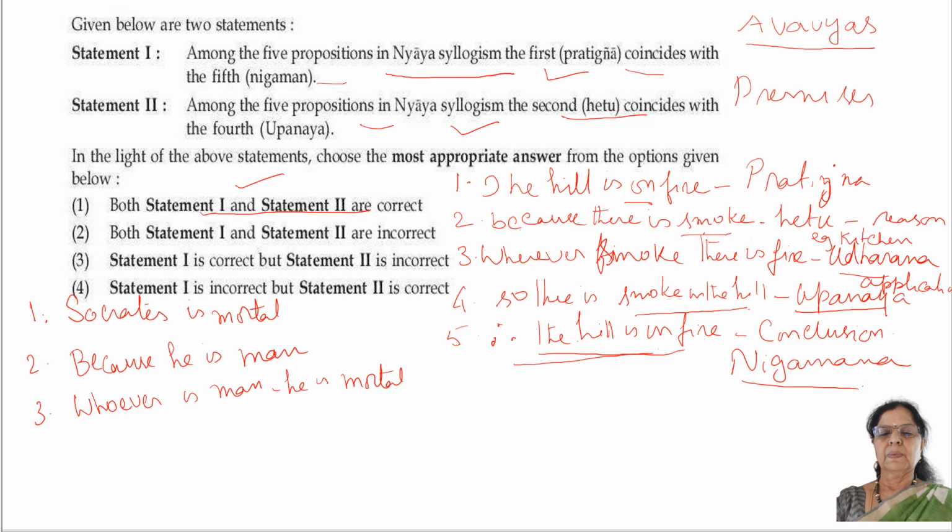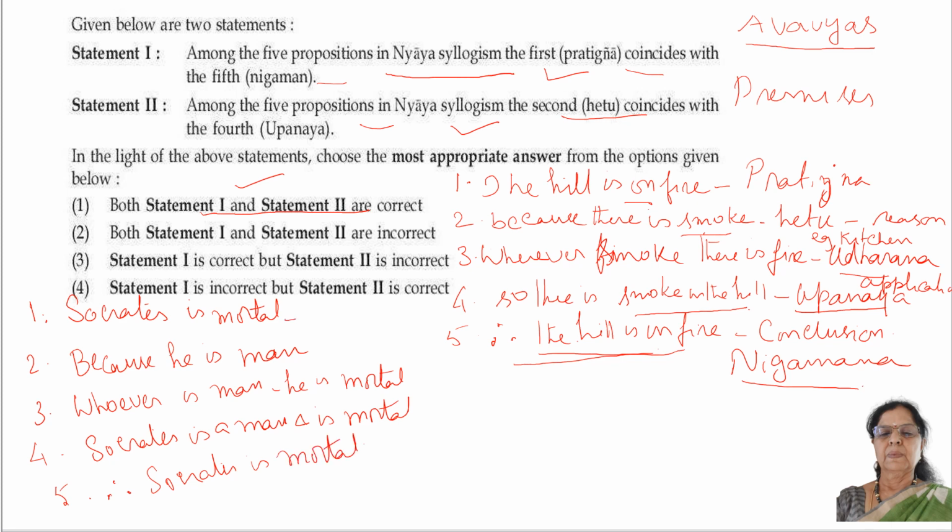And the fourth one, Socrates is a man and is mortal. Definitely he is also mortal. And the fifth one, therefore, Socrates is mortal.